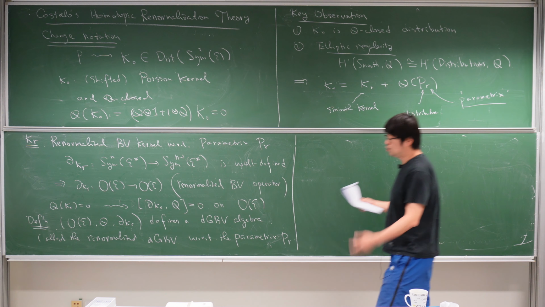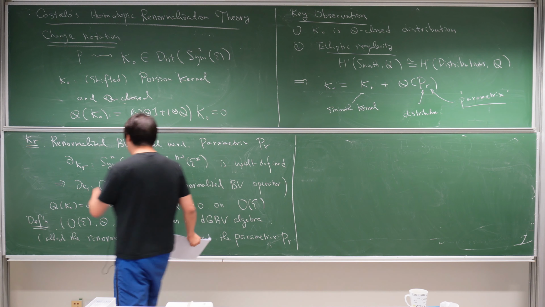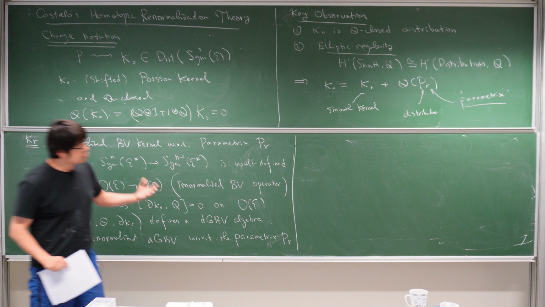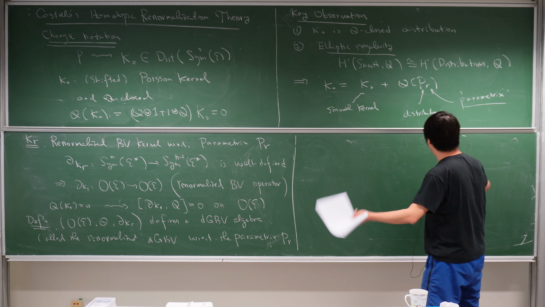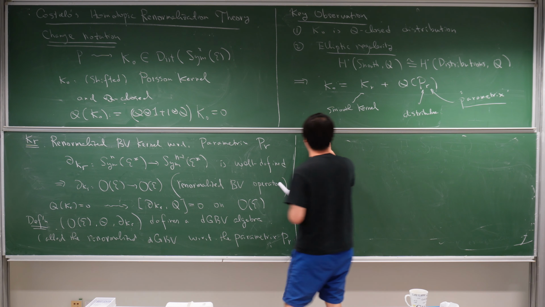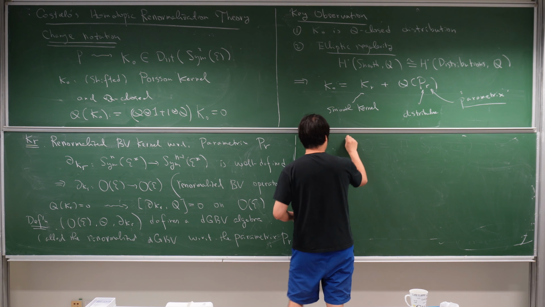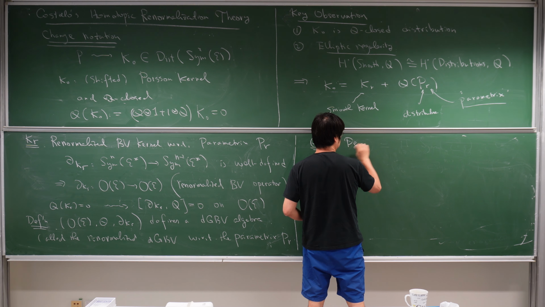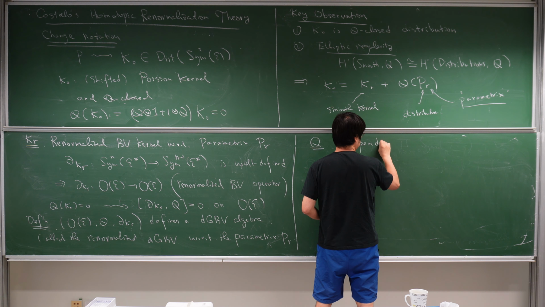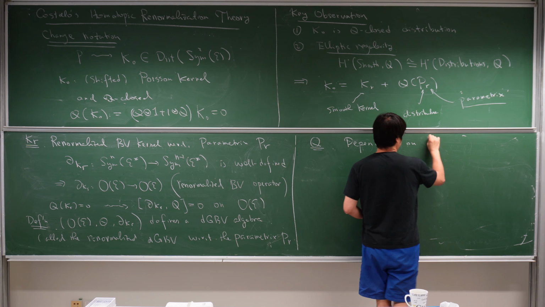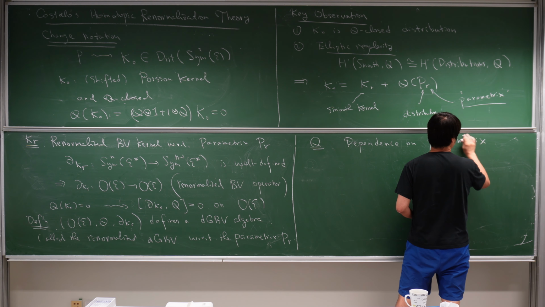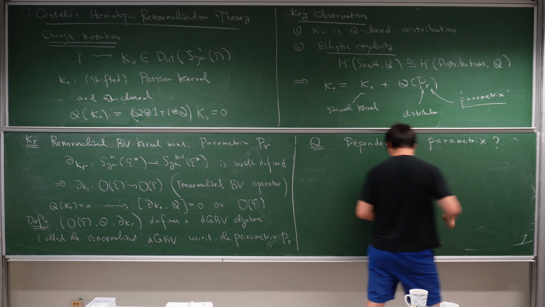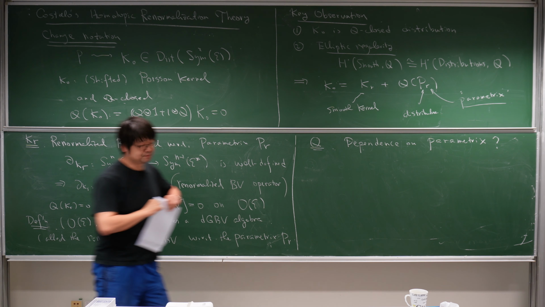If you want to define quantization in this framework, you want to understand what happens if you change the choice of parametrix and how the whole thing changes. So this is a basic question, the dependence on parametrix. So let's work it out.